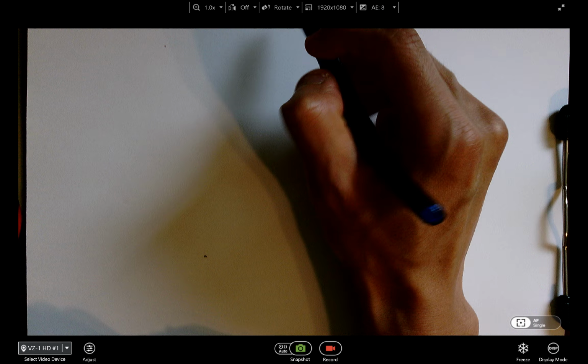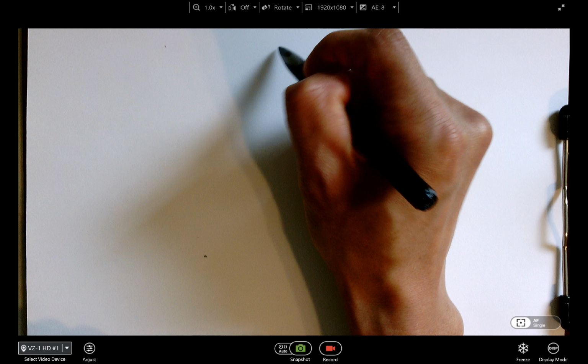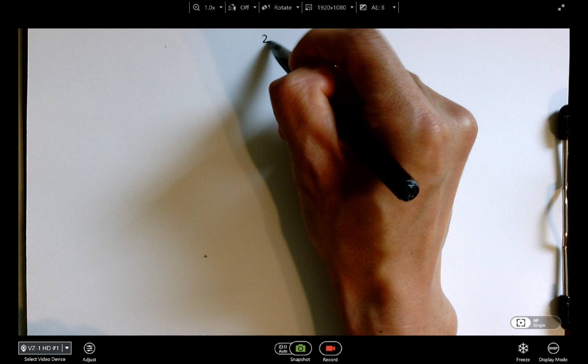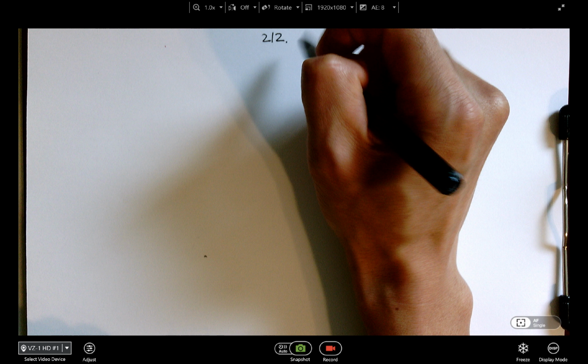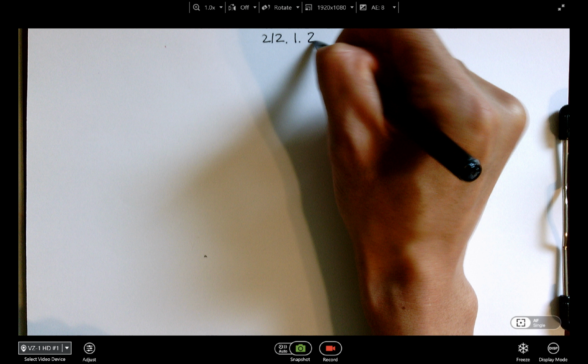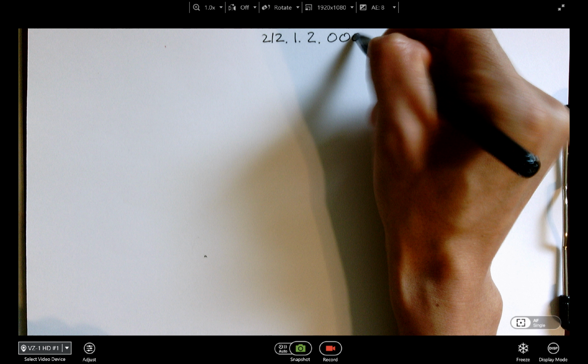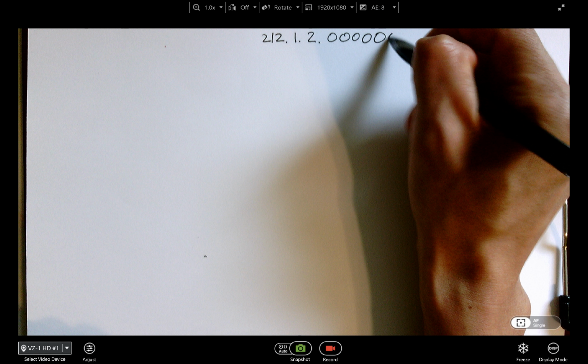what we can do is we can actually draw the IP address space. So basically we have 212.1.2, and then 1, 2, 3, 4, 5, 6, 7, and 8, right?